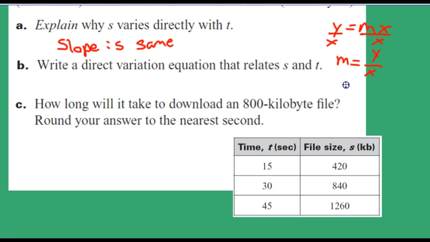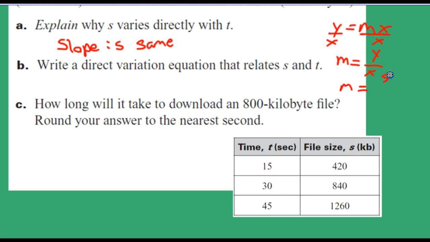In this case, our slope is s over t, or sorry, t over s. So here, if we're looking for our slope, it would be 15. Hold on one second, I might have gotten this wrong. Sorry, this is flipped around.